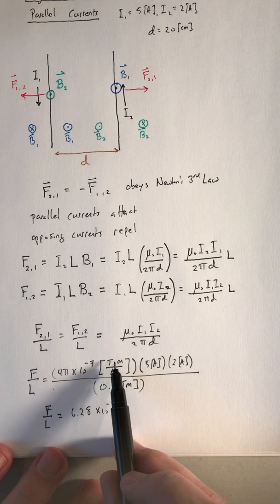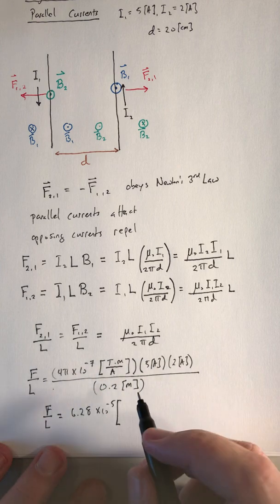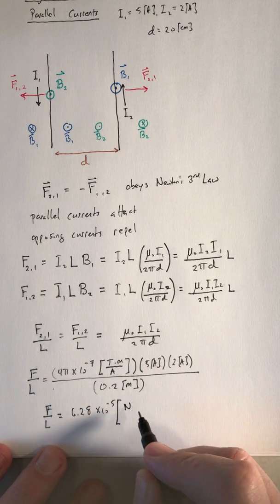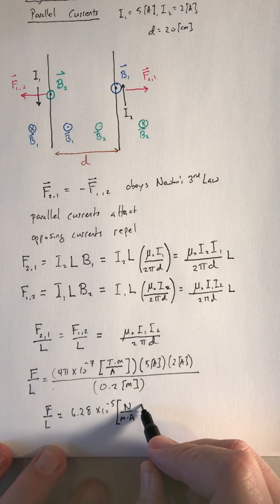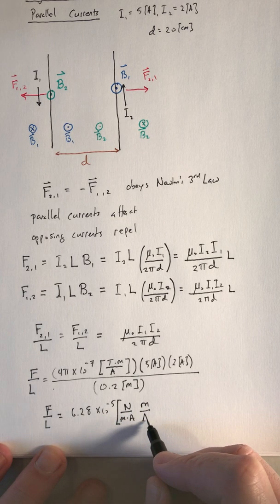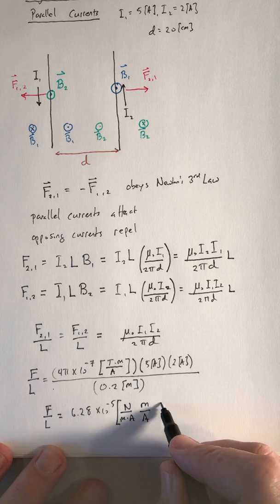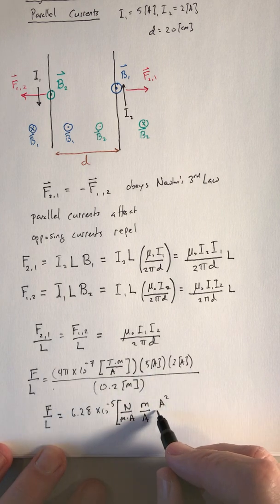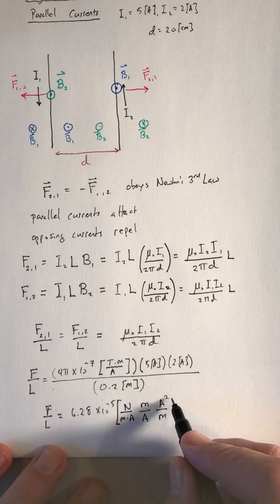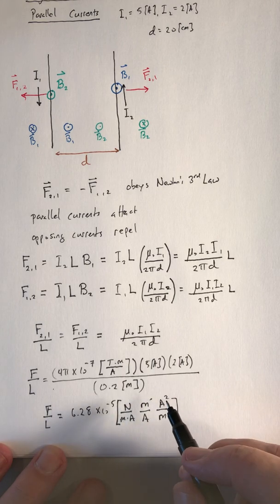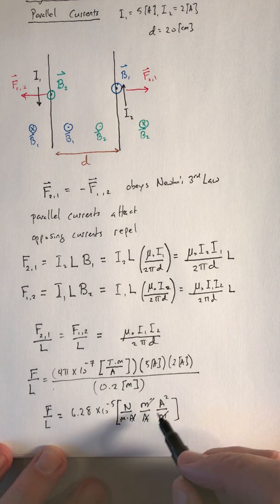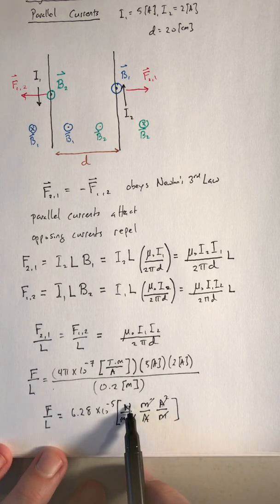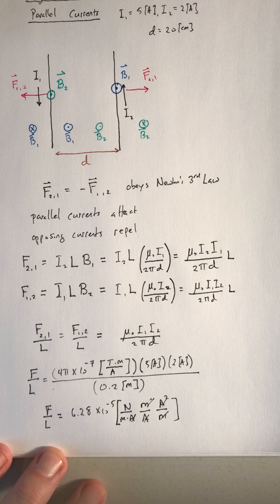So a Tesla is a Newton per meter per amp, so I'm going to have a Newton per meter per amp, meter over an amp. I've got an amp squared over a meter. And that is just going to work out. Meter crosses out meter, amp squared. So it is newtons per meter as we need.